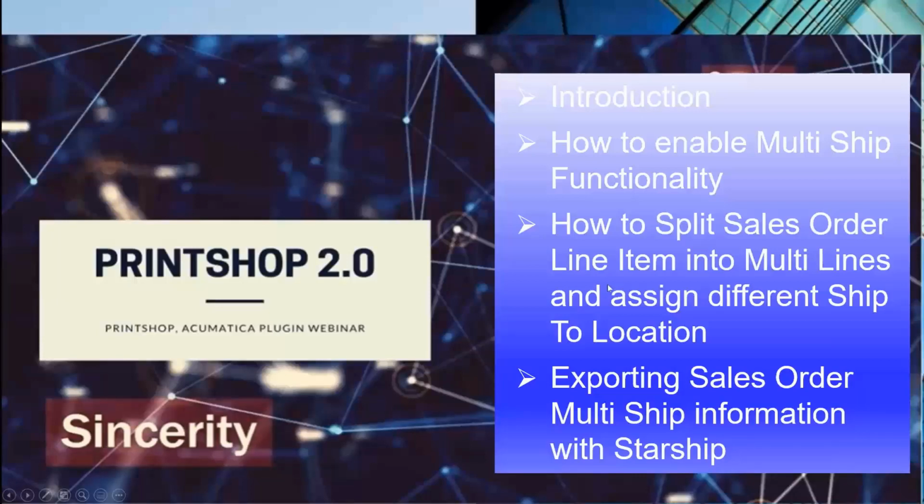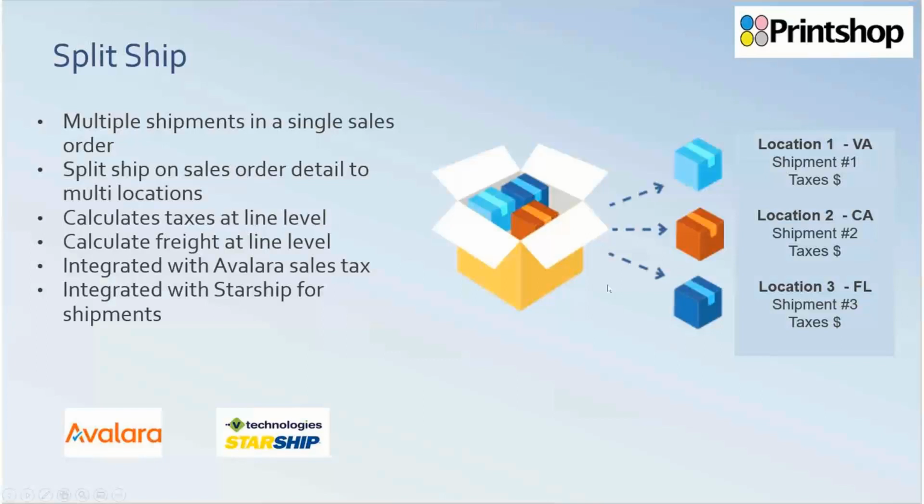And the split-ship functionality has multiple shipments in a single sales order. It has split ship on sales order details to multiple locations. It also calculates at the line level the taxes that are required if you have an integration with Avalara.